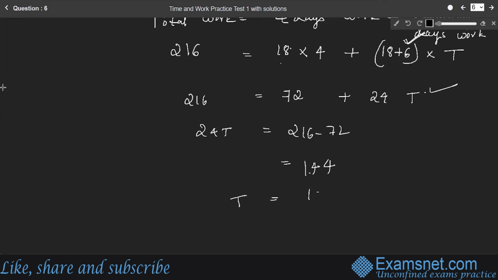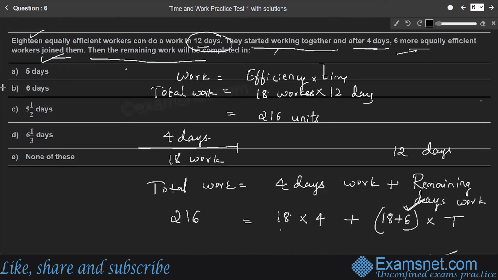So T is equal to 144 by 24, which is 6. So in 6 days the remaining work will be completed.